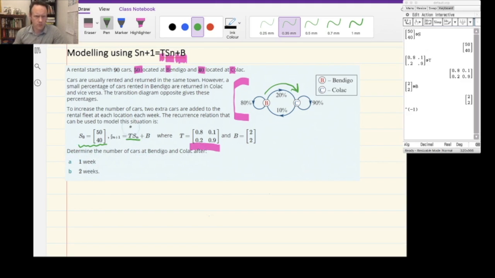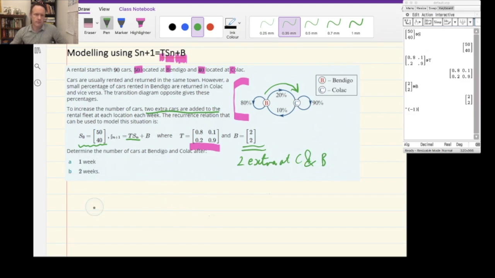The increase of cars to the fleet is 2 extra at each location, so that is 2 extra at B and C.